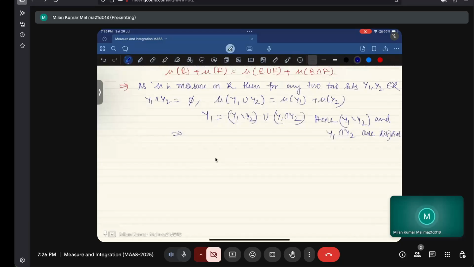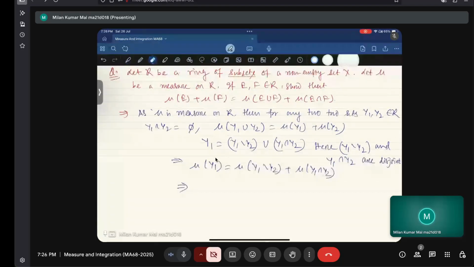Therefore what we can write is that mu of y1 is equal to mu of y1 minus y2 plus mu of y1 intersection y2, if these are disjoint.